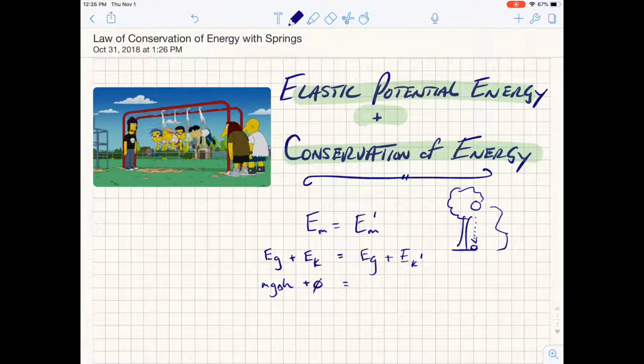As the apple falls, it's transforming its gravitational potential energy into kinetic energy. At the very bottom, where our h is 0, it won't have any gravitational potential energy, and all that energy will have transformed into kinetic energy.